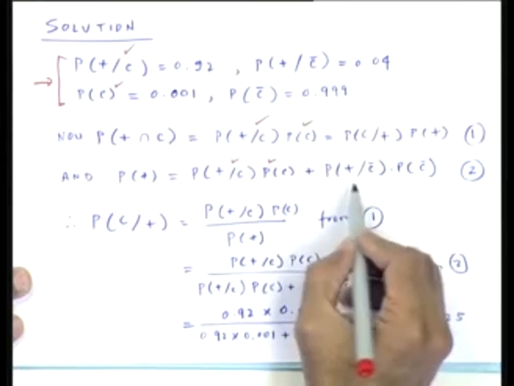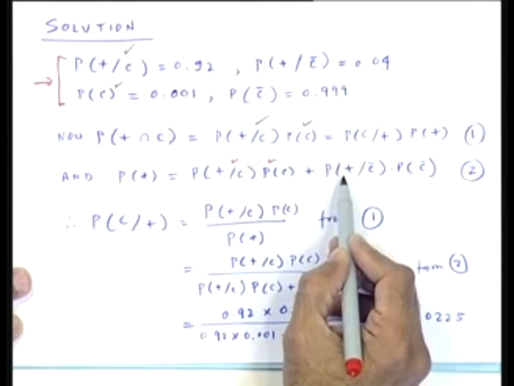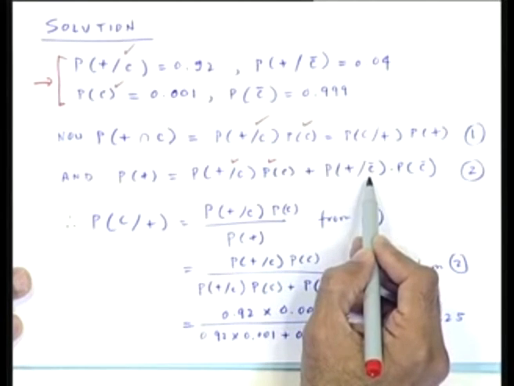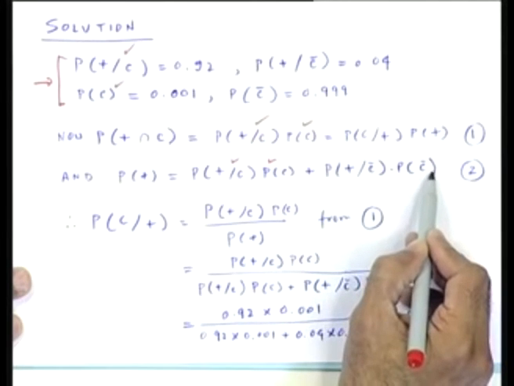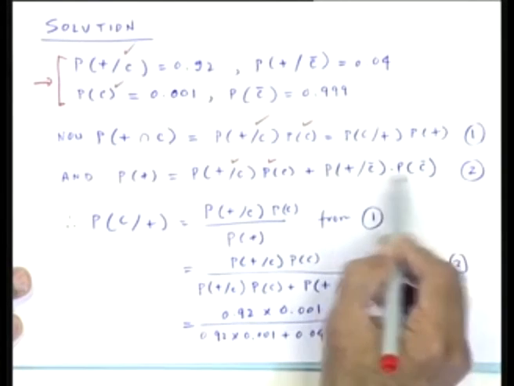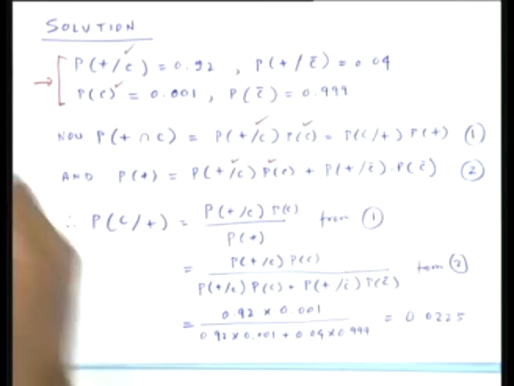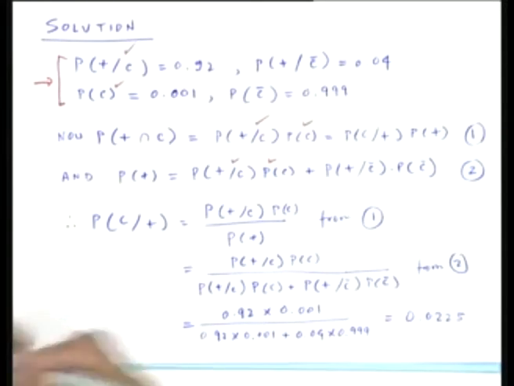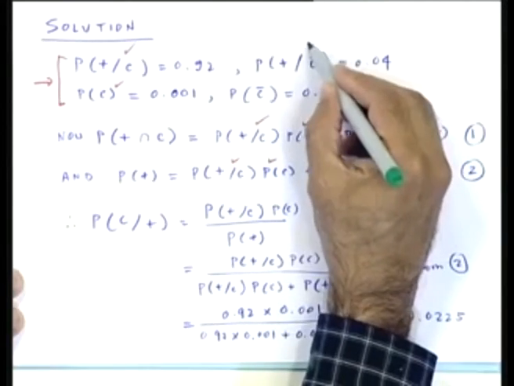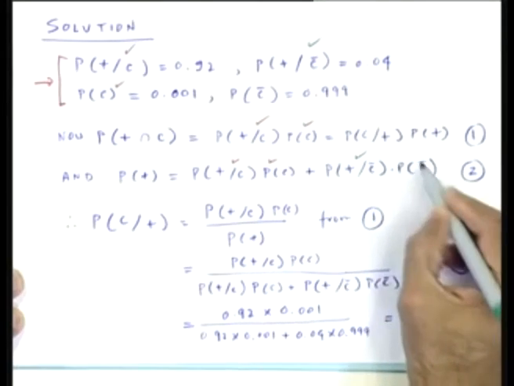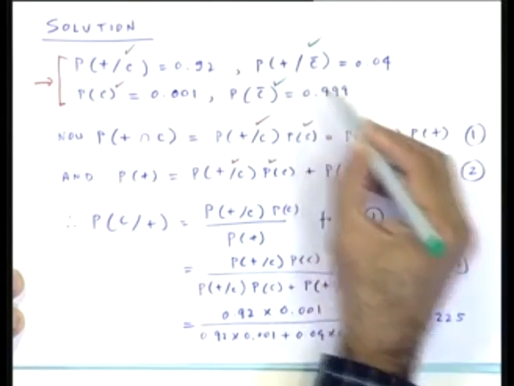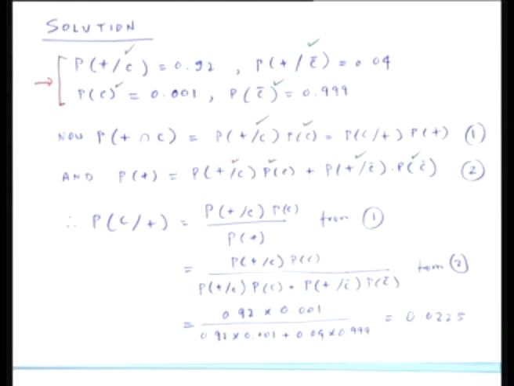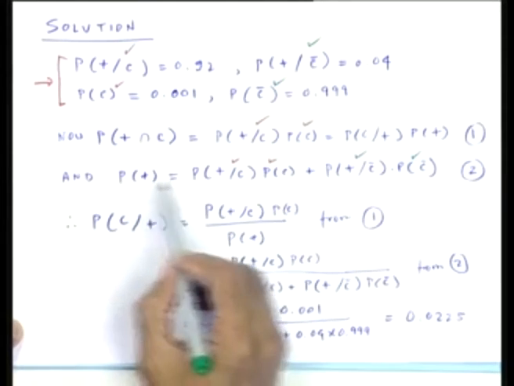And then this part: the probability that the test is positive given that there is no cancer multiplied by the probability that there is no cancer. I can again look up my given data, and I know this and also this. So I know all quantities, and I can evaluate this quantity for sure.